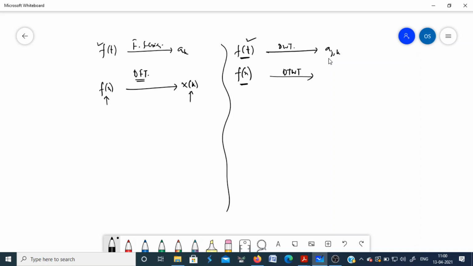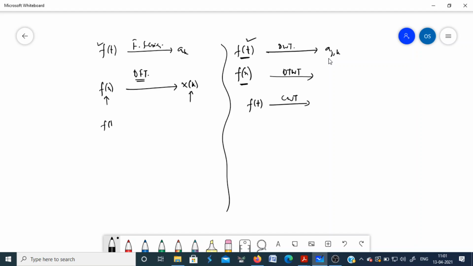And similarly, we have the continuous wavelet transform also here, CWT, which is used to express a function in the form of continuous variables, not discrete. And it is very much similar to your Fourier transform.